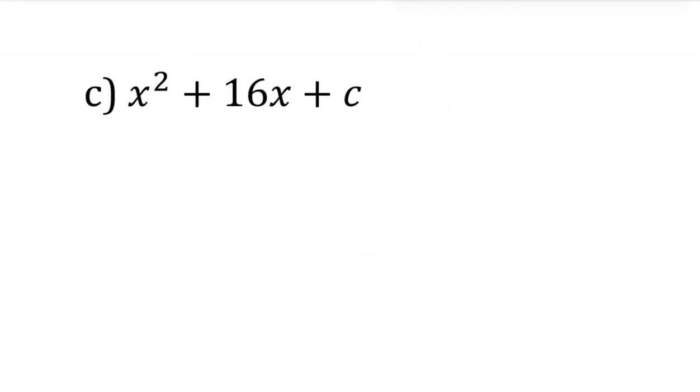I'll help you. C equals something divided by 2 squared. What's that something? Do it. Yeah, good, but do it.